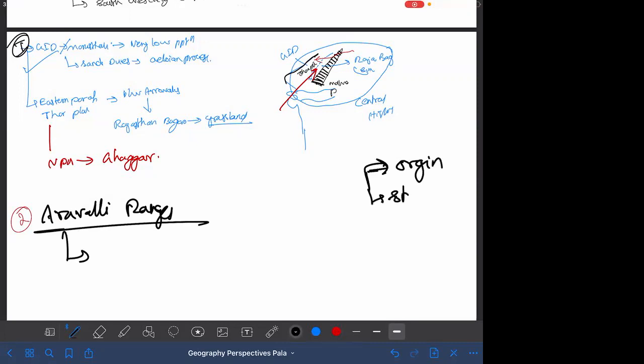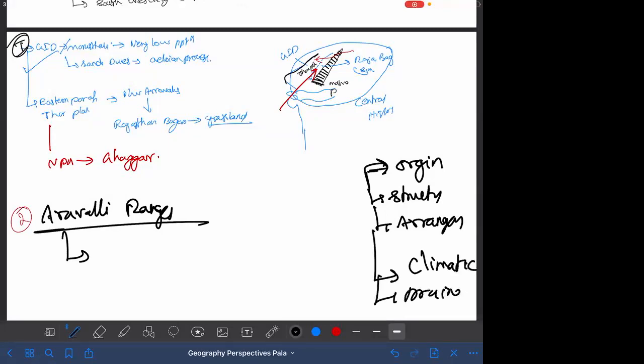We are also talking about the structure, that is the lithology, and the arrangement of that particular landform. We are also looking at the climatic characteristics and drainage in that region. Relief obviously needs to be looked at. So these are the factors we have to understand with respect to any given landform, and whenever the question is asked, we can easily answer them.